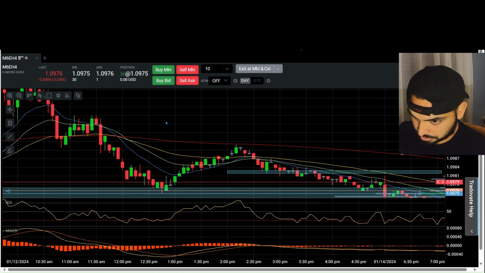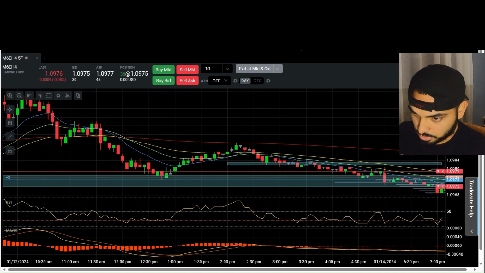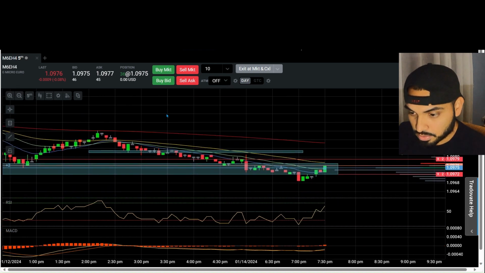1348 cross, for example, it would be right here. This is the 1348 cross. So the cross happened in this candle, so theoretically I would have waited to the next candle to confirm the cross and then ride the momentum down.